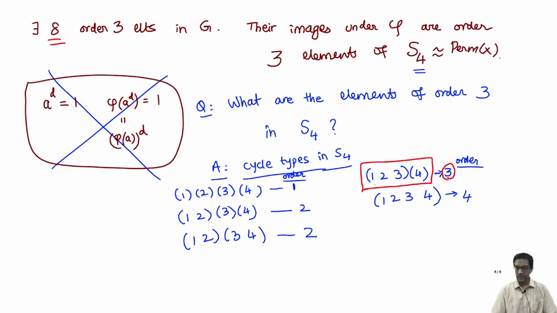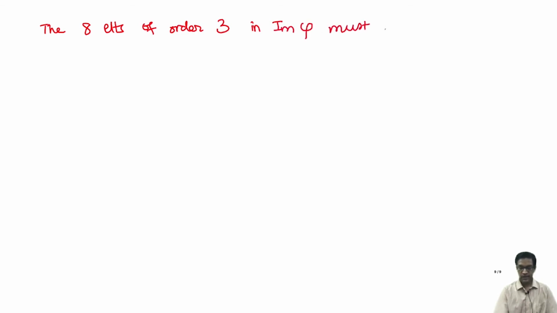Now the key point is that elements of this cycle structure are necessarily even permutations. That's what we are going to claim. So observe now that the 8 elements of order 3 in the image must have cycle type like this, on 1, 2, 3, 4.